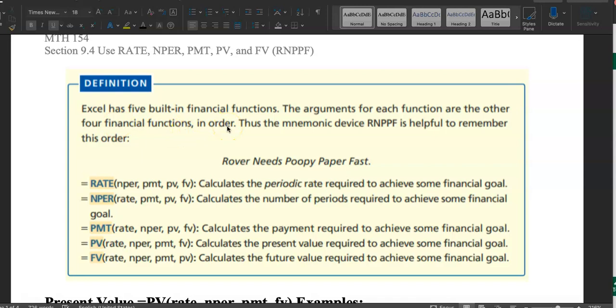What they are saying is if you want to use these functions, you need to give Excel 4 inputs, because they're going to ask you, for example, say that you're interested in what is going to be my payment amount. Excel will need to know, hey, what's the interest rate? How many compounding periods are we talking about? What's the present value and what's the future value? So in order for Excel to give you an answer, they will ask you 4 different inputs.